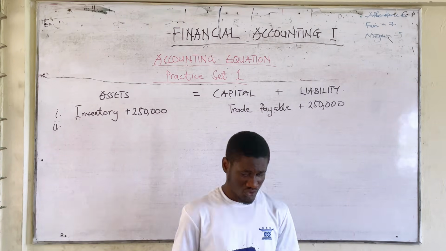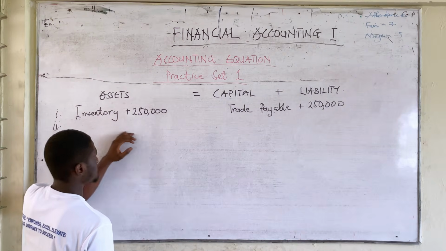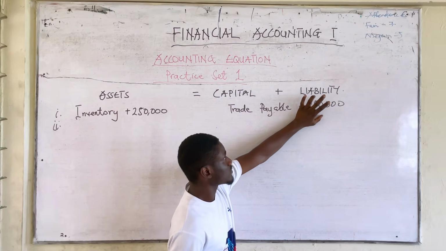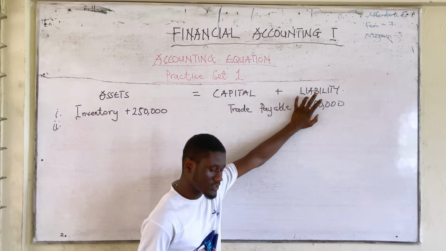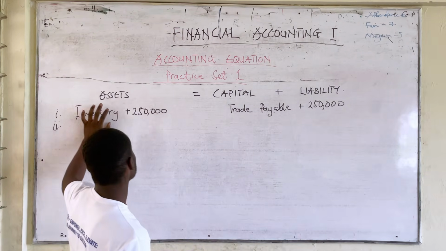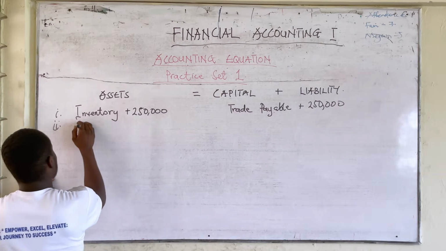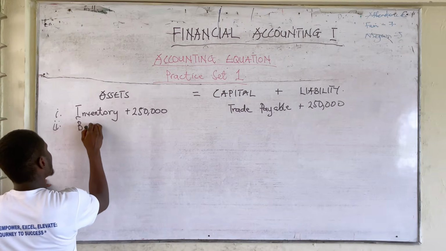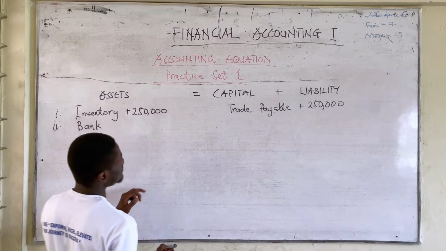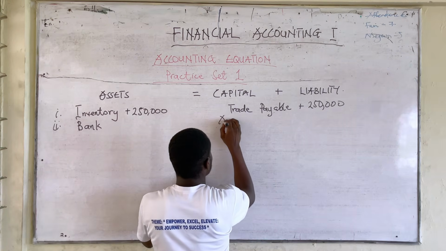Good. So we'll come here. We know that accrued rent expense will fall under liability, then bank will fall under assets. Do you get it? Good. When we come here, we write our bank here, then accrued rent expense.